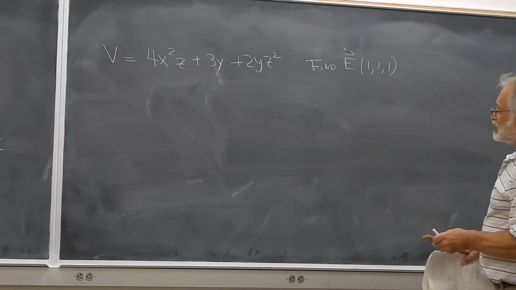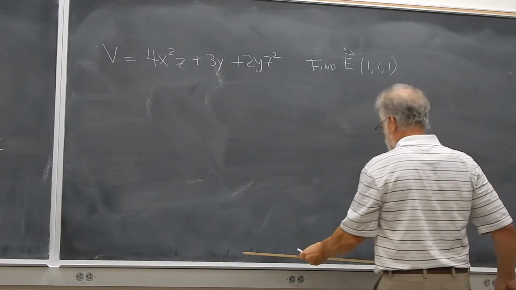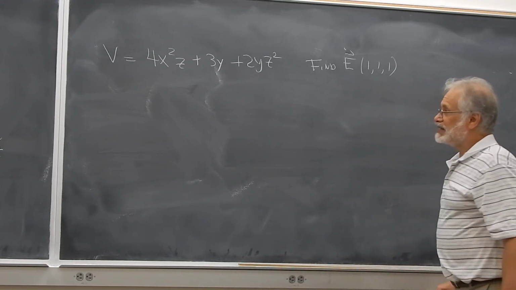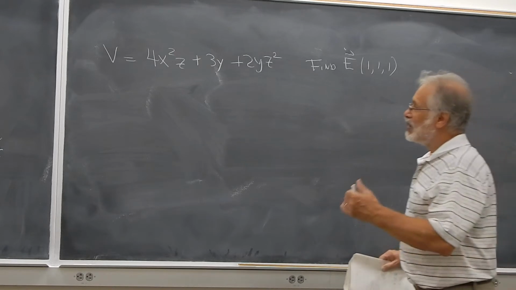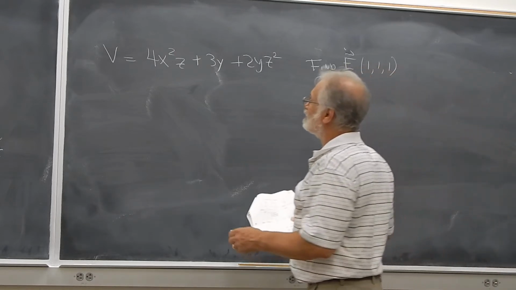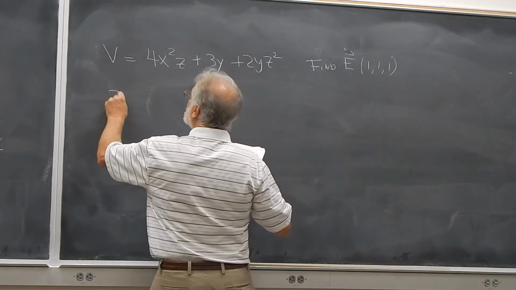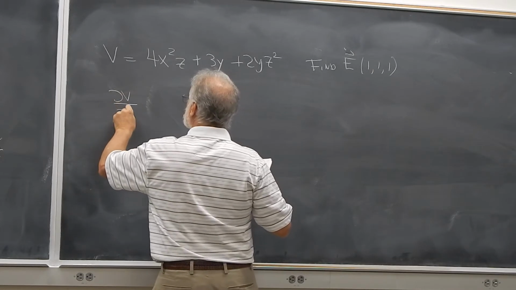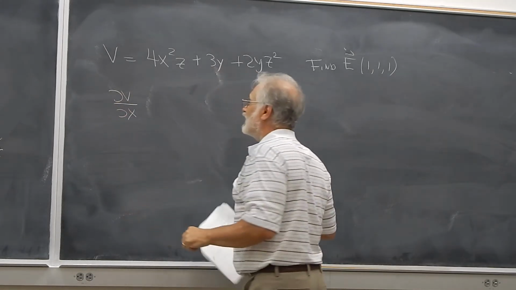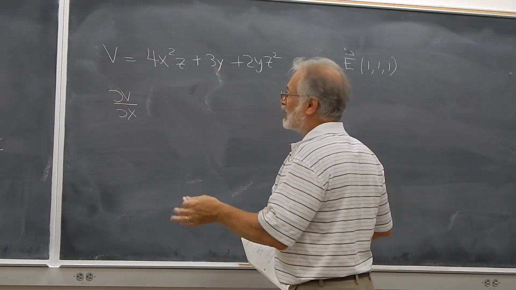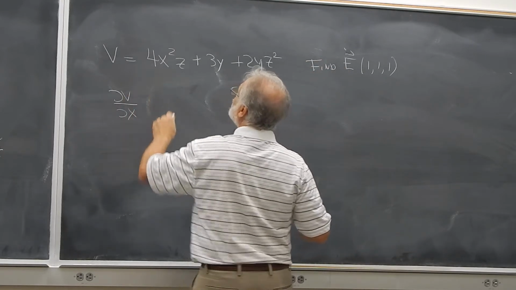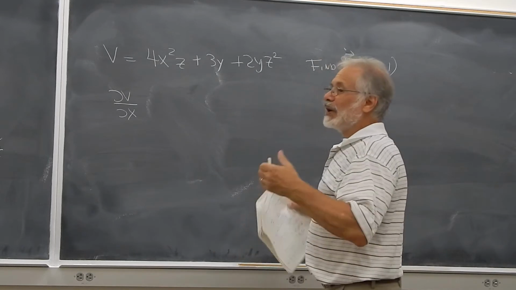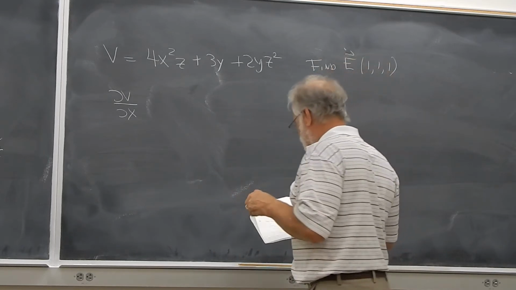So what I have to do then is to take a series of partial derivatives in order to obtain the components of the electric field. When I want to find the x component, or i component, of the electric field, I have to take the partial derivative of V with respect to x. That means we treat z and y as constants.